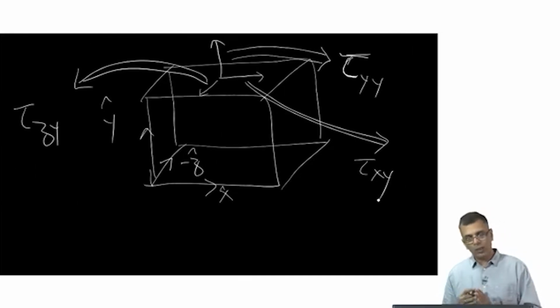Tau yy would be a normal force. This is what one normally thinks of as pressure, the force that is acting normal to the surface.